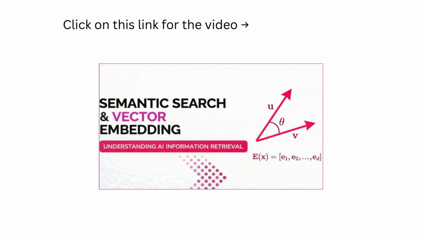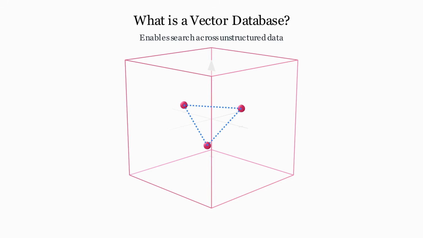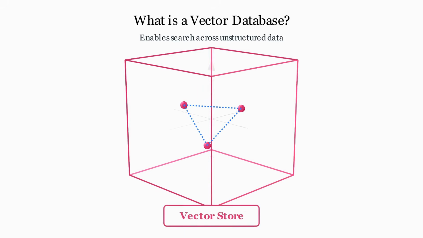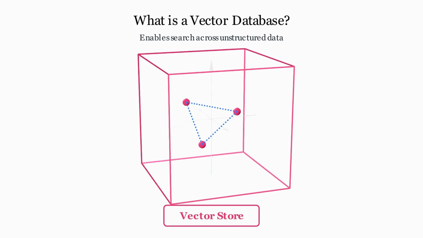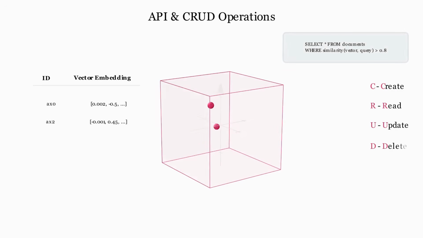If you are curious about semantic search and how it is different from the traditional keyword search, please check out our other video. In addition, a vector database allows developers to write SQL-like syntax to search information based on its meaning.